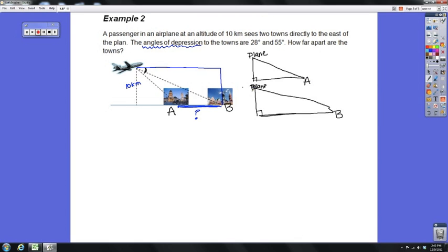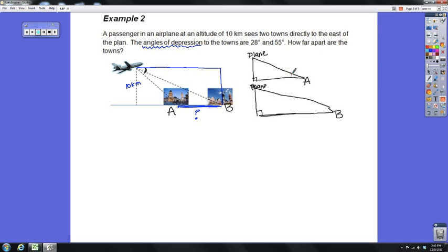So, let's think about this. The closer you get to something, the more you have to lean your head up to look. So think about which angle needs to be bigger. The closer you get to the plane, the more you have to lift your head up, so the bigger the angle is going to be.